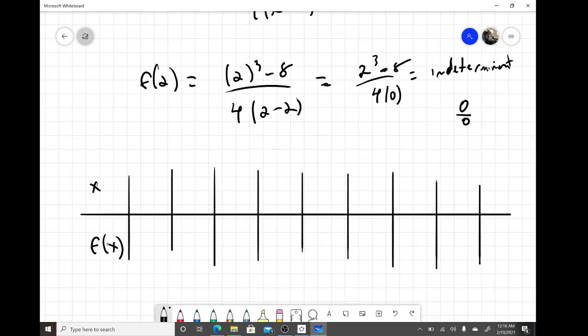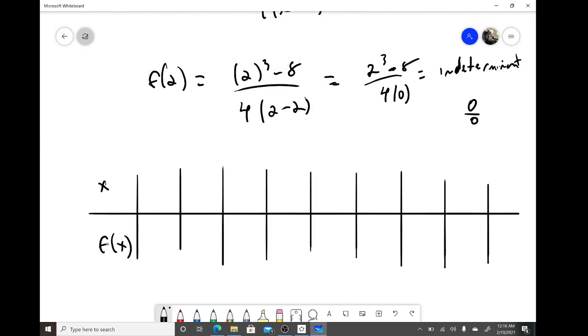Okay, so if I'm interested in finding out the values as x approaches 2, then I'm going to begin with values that are somewhat close to 2, like 1.9, 1.99. If you haven't picked up the pattern, we're beginning with tenths, hundredths, thousandths, and just moving closer and closer to that value of 2.